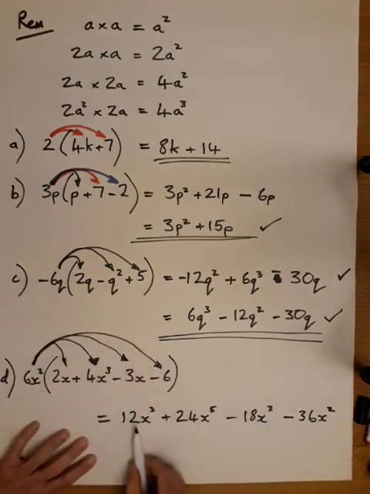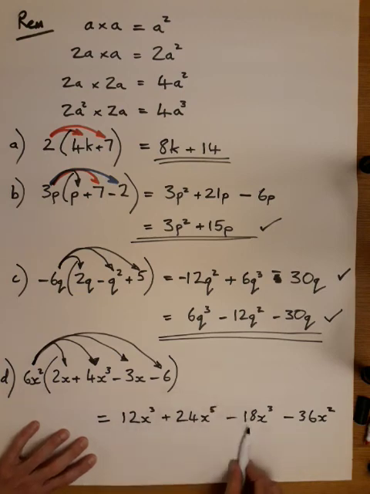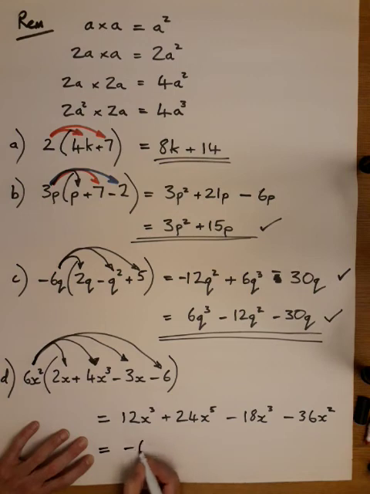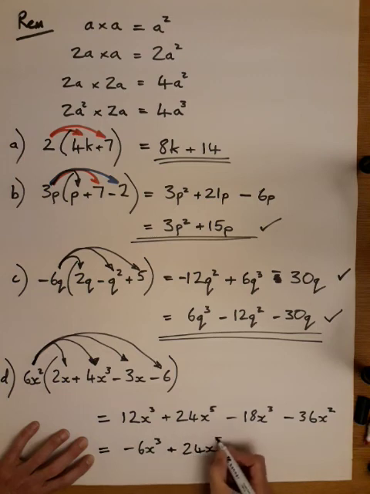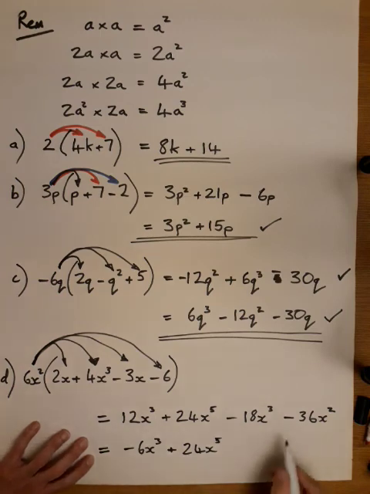So here we have 12x cubed, and there is a minus 18x cubed. We can gather those together. So it's minus 18 plus 12, which gives you minus 6x cubed. Oh, apologies, done that in the wrong order. Should have done that first, but I'll carry on anyway. 24x to the 5th, and then minus 36x squared.